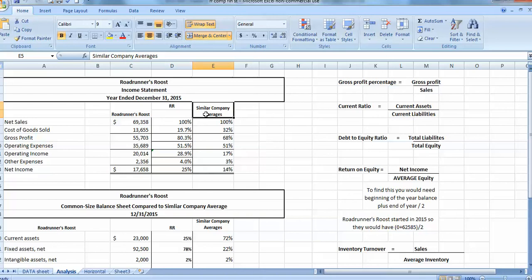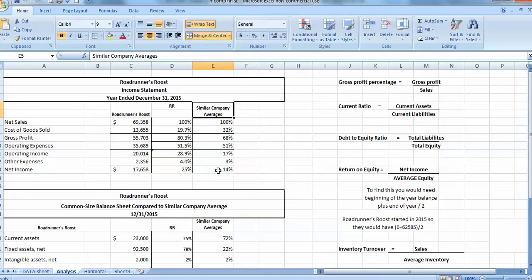Regardless of what the numbers were to create this, if we break this down into percentages, we can compare it in a vertical analysis. At the end of the day, we had 25 cents left on every dollar for net income, whereas the UCD tutoring company only had 14 cents. So that is a vertical analysis, and this helps us to compare from company to company.